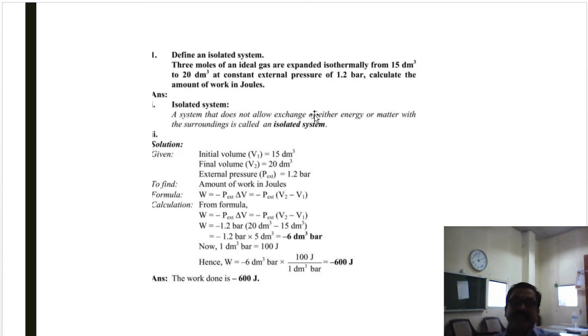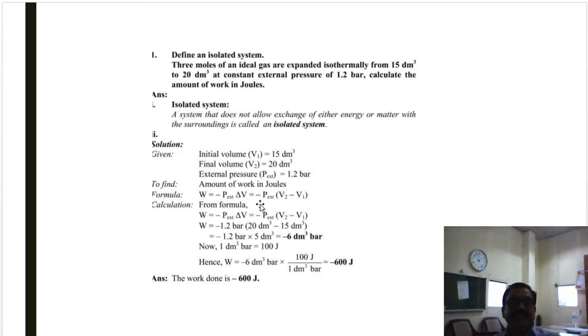Hence 15 is initial volume, 20 is our final volume. External pressure is equal to 1.2 bar. आणि आपल्याला काय विचारलं त्यांनी: amount of work in joules.